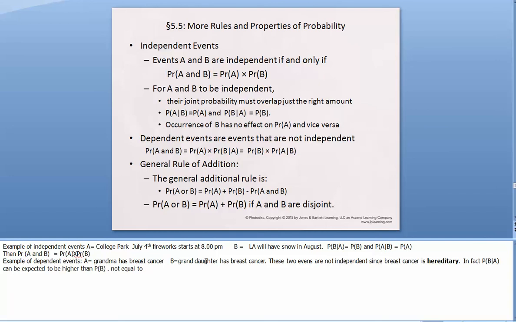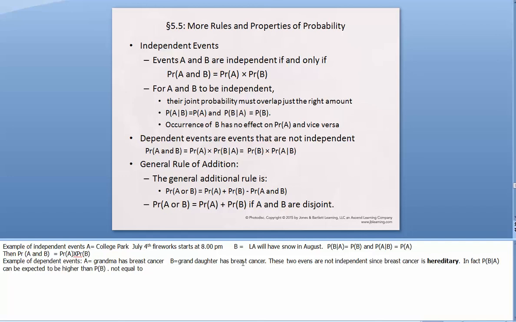No, because we know that breast cancer is kind of hereditary. So if I know a granddaughter whose grandma has breast cancer, I will say the chance that that person will have cancer would be much higher than any person whom I choose.